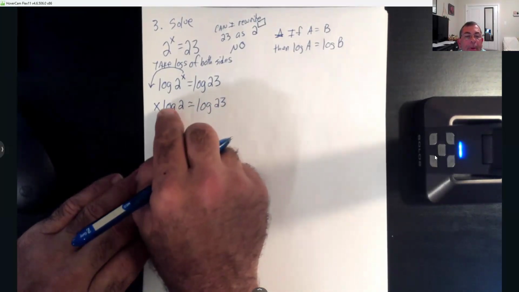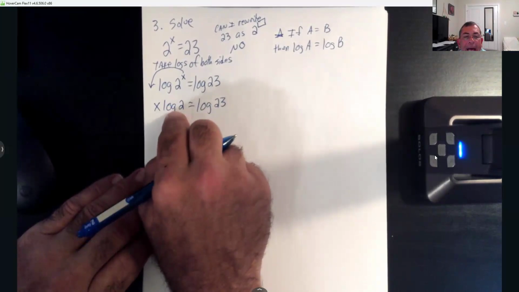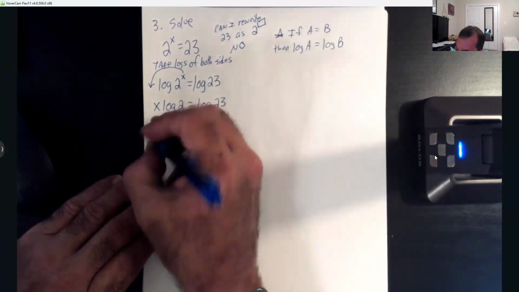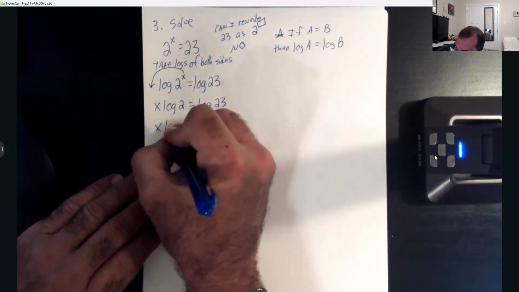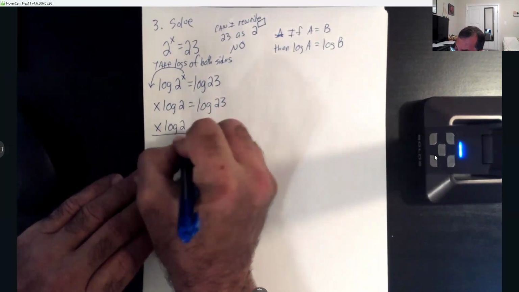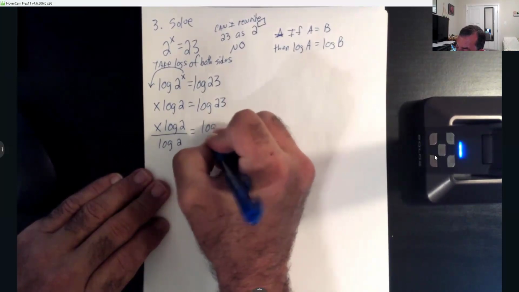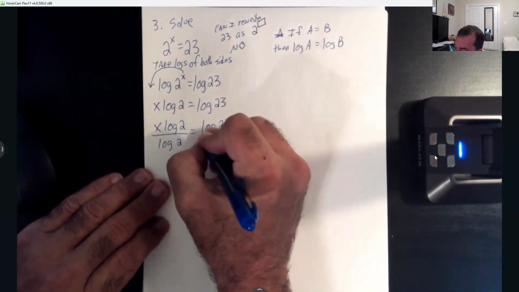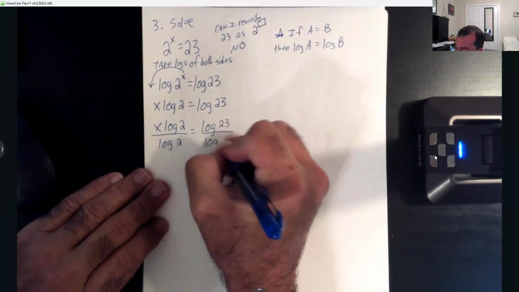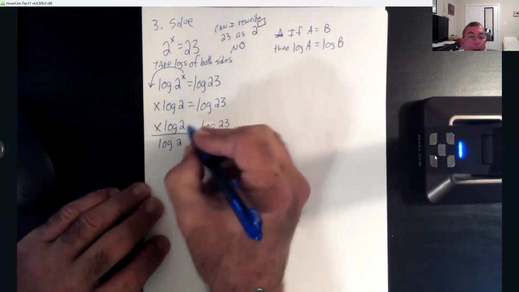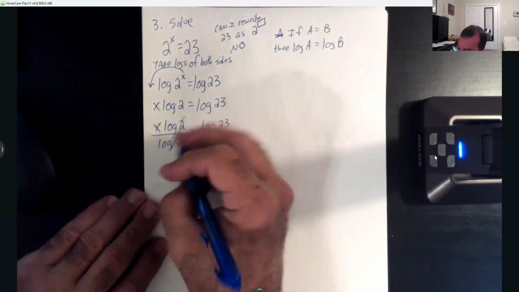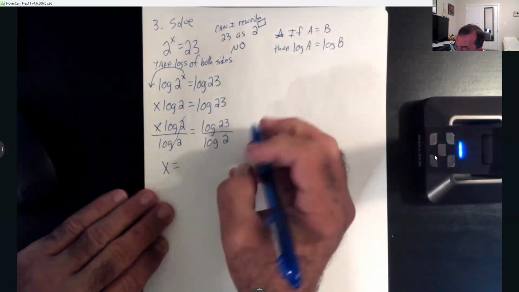My final step is to divide both sides by the log of 2. So x times log of 2 divided by the log of 2 equals the log of 23 divided by the log of 2. So y'all, these logs cancel and I get my x equals.